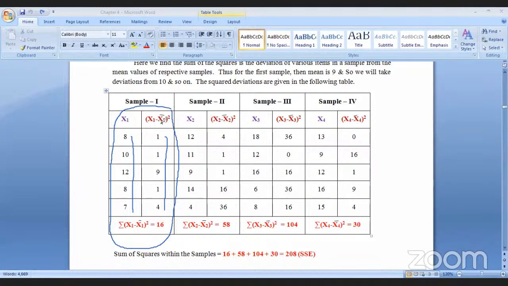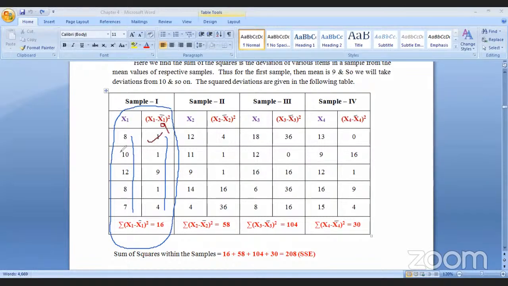Yes, 9. I am writing 9 here. 8 minus 9, how much? Minus 1, square is 1. Yes, we got 1.